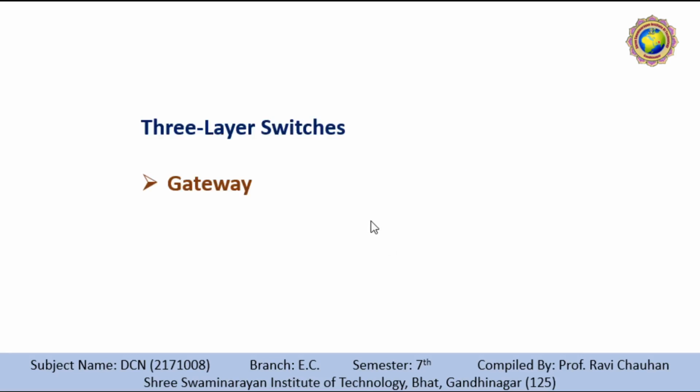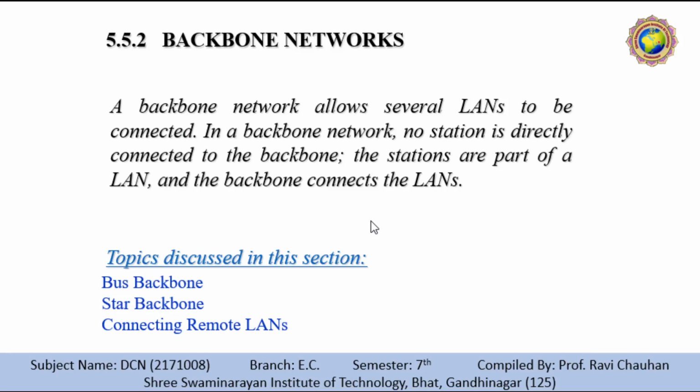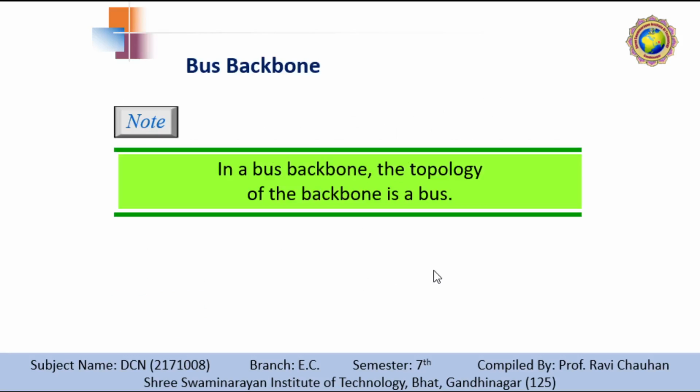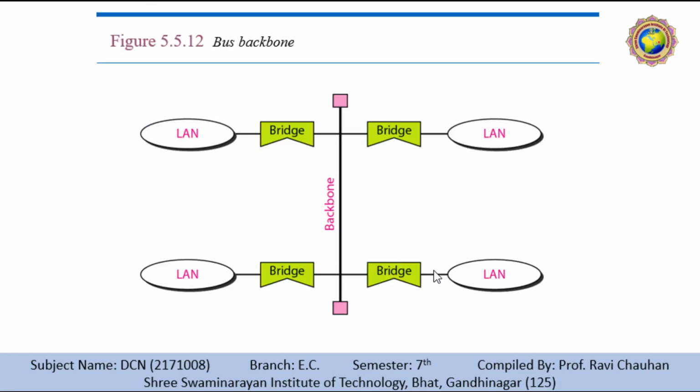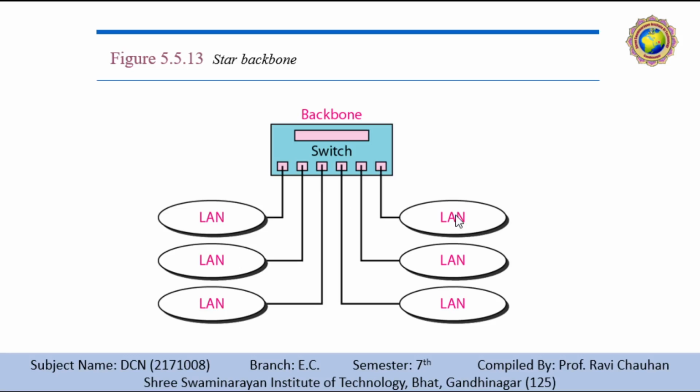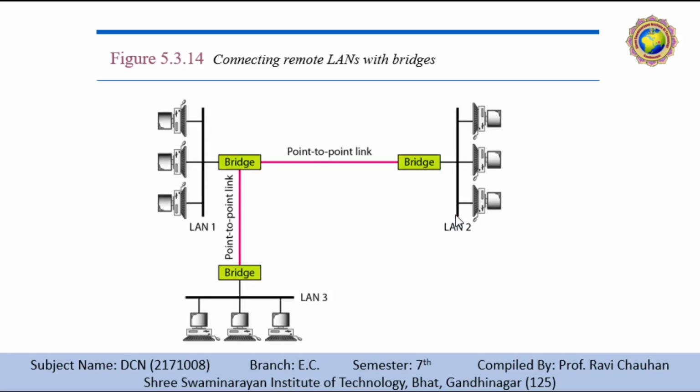Then a gateway and three-layer switches. After that, we introduced the backbone network, in which the bus backbone and star backbone were discussed deeply. We also discussed connecting remote LANs with a bridge.